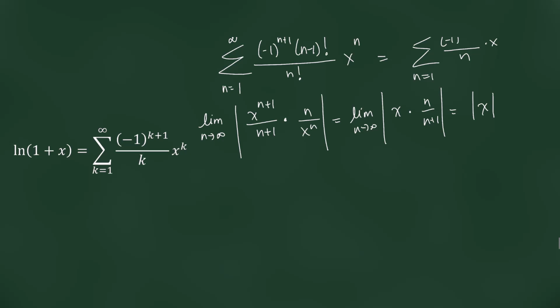Well, we know that that's going to converge. Our radius of convergence is then going to equal 1. So our interval of convergence is possibly -1 to 1, but we want to check our endpoints.